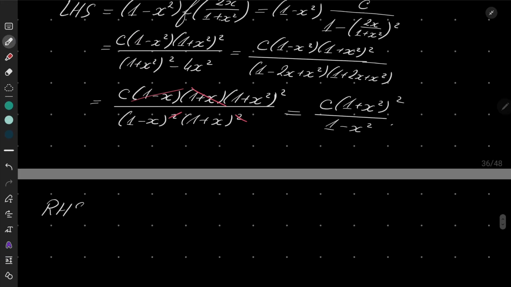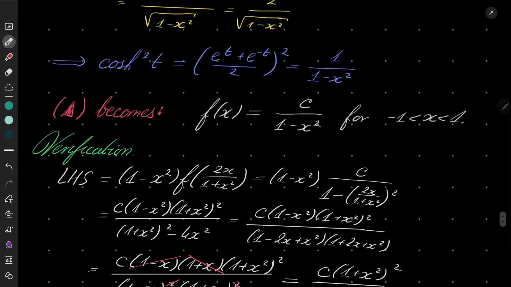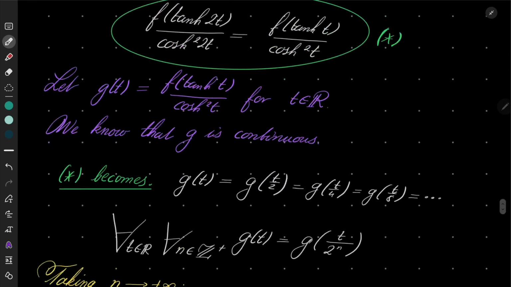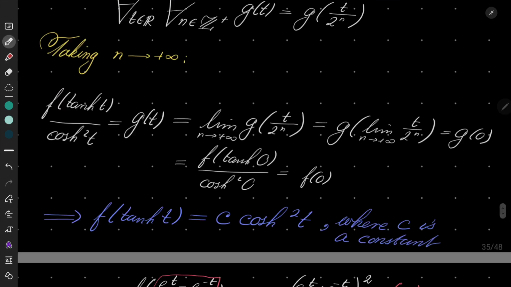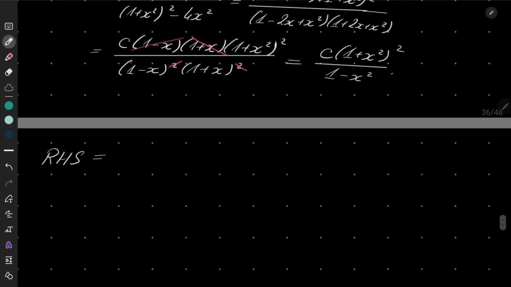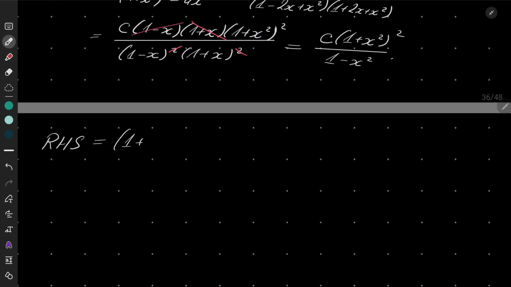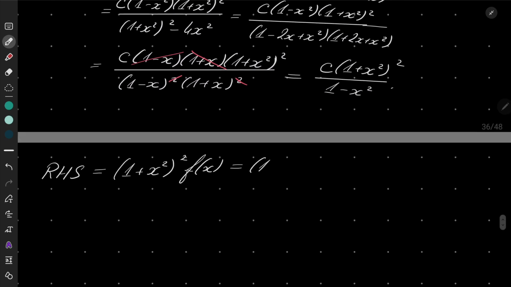Right hand side. On the right hand side, let's go back. We have 1 plus x squared times f of x. That should be easier. 1 plus x squared times c over 1 minus x squared.